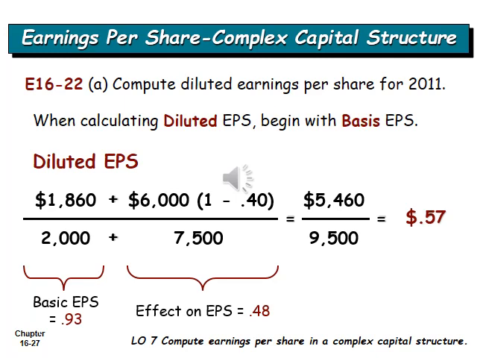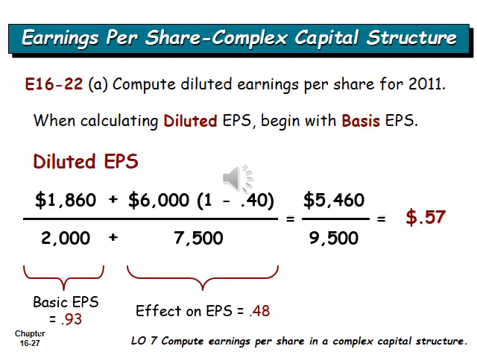The effect of the interest is usually determined by taking the interest, 60,000, times 1 minus the tax rate 40%, so the interest after tax will be 60,000 times 1 minus 0.4.